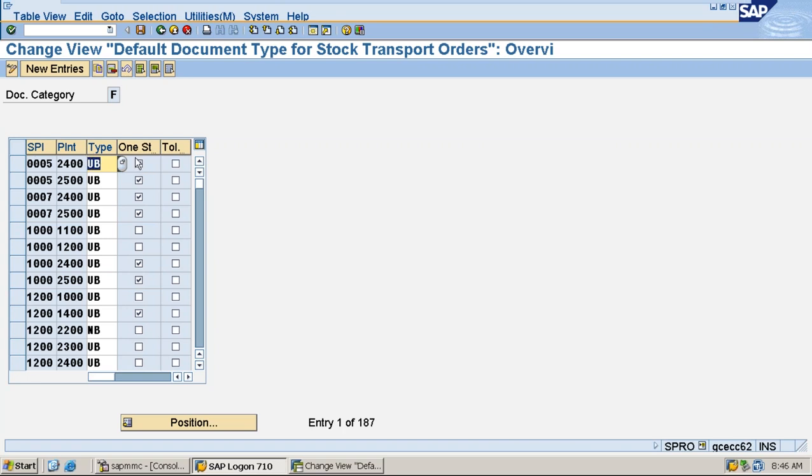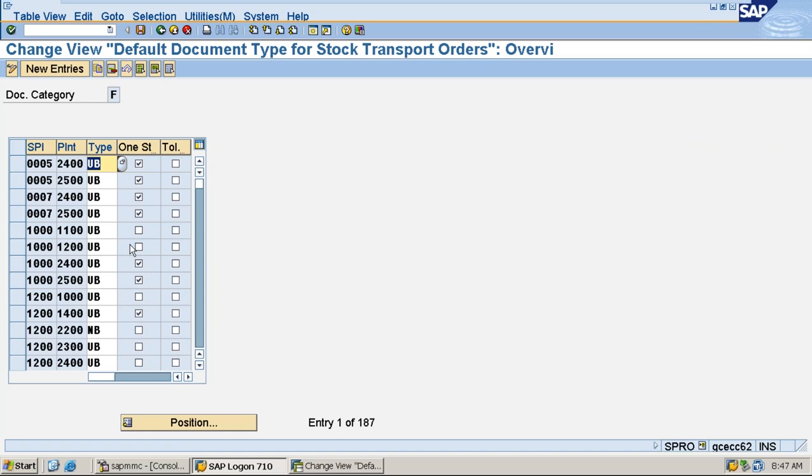If you activate this particular check indicator, then this STO process becomes one step, otherwise it is a two-step. If you leave it blank, whatever process you are doing is a two-step process. But if you activate it in this particular step, then it becomes a one-step process. This is where you tell the system that this is a one-step process.